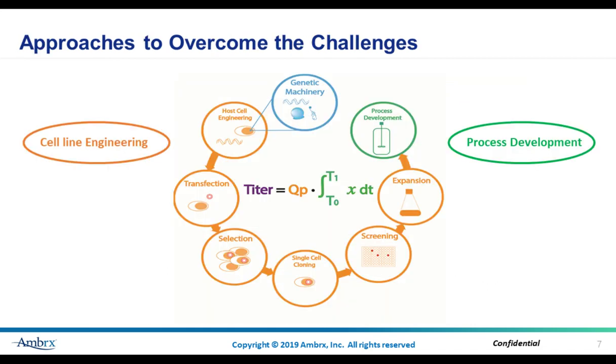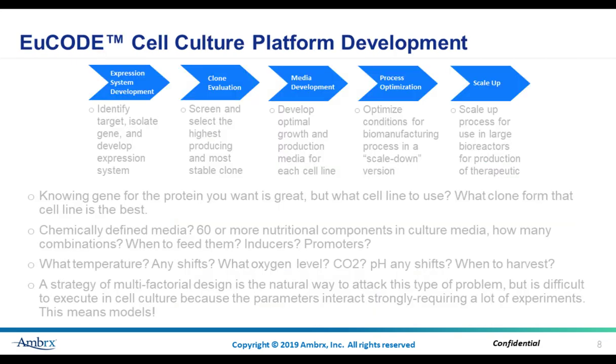These are the step-by-step approaches from expression system development to clone selection and then process development. These are also the foundation of the EuCODE cell culture platform.